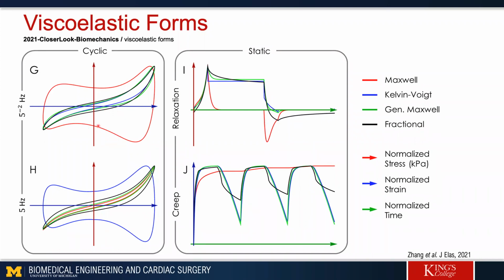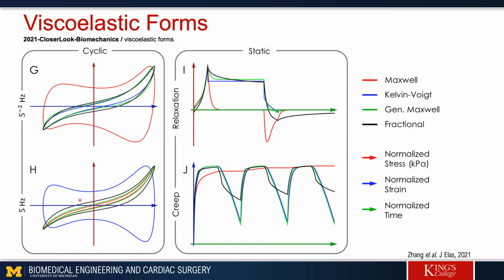If we look at just cyclic stretch, so this is uniaxial stretch, then depending on the frequency, you get a very different hysteresis behavior when you look at Maxwell and Kelvin-Voigt. The red curve has a really large hysteresis area, and then at 5 Hertz, it shrinks. And the blue curve does the exact opposite. It has very little hysteresis, and then at 5 Hertz, it grows significantly.